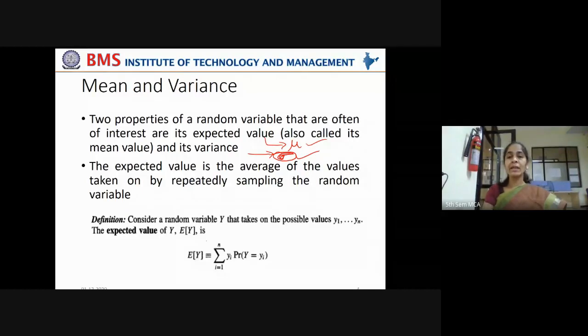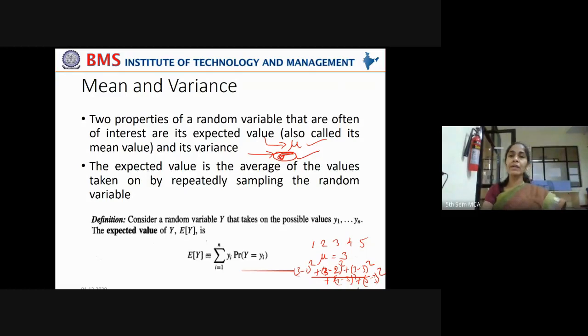I'm repeating again. When you calculate the average of all the data points, say you have data points like 1, 2, 3, 4, 5, what will be the average of this? Mu of this is 3. Now how to calculate the variance of this? 3 minus 1 whole square, plus 3 minus 2 whole square, plus 3 minus 3 whole square, plus 4 minus 3 whole square, plus 5 minus 3 whole square.